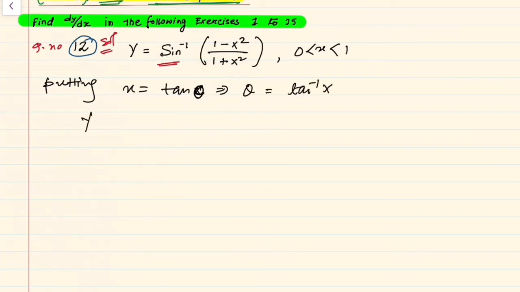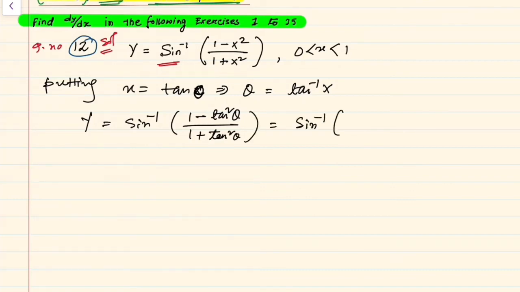So then we will get y is equal to sine inverse of (1 minus tan square theta) by (1 plus tan square theta), which gives sine inverse of cos twice theta, because (1 minus tan square theta) by (1 plus tan square theta) gives cos 2 theta, isn't it?